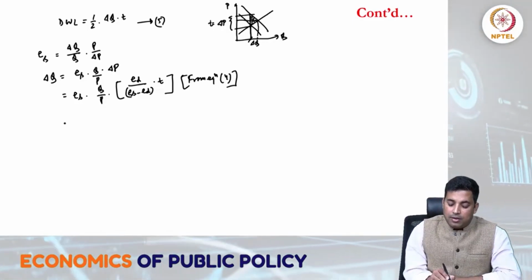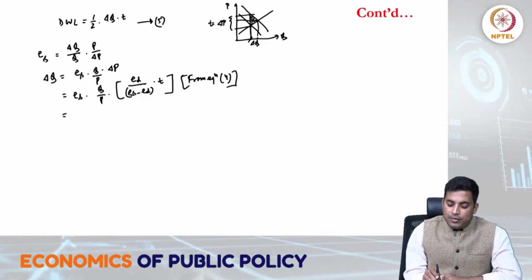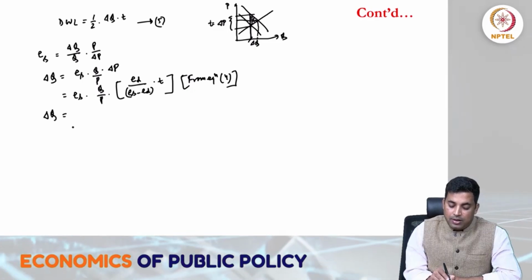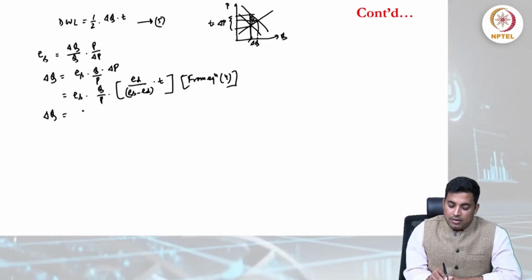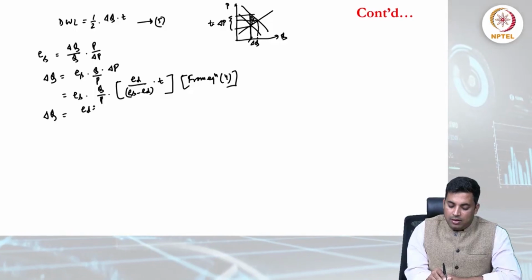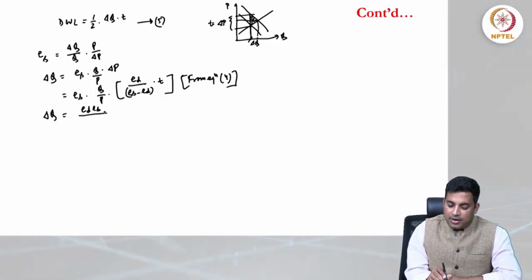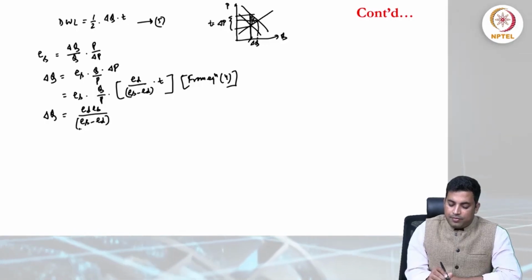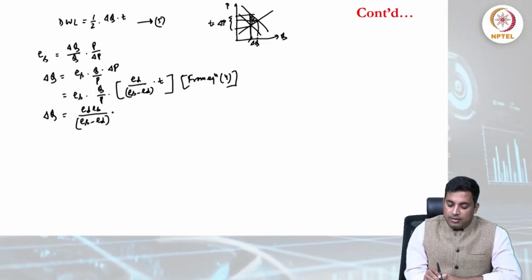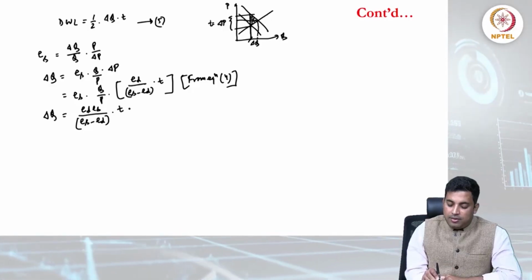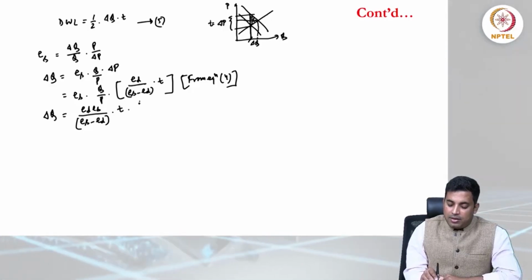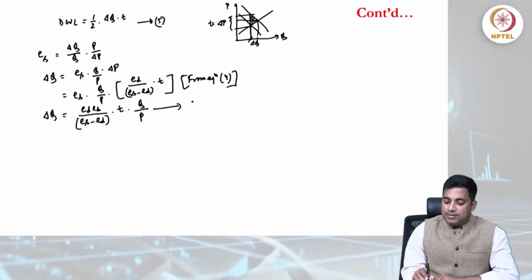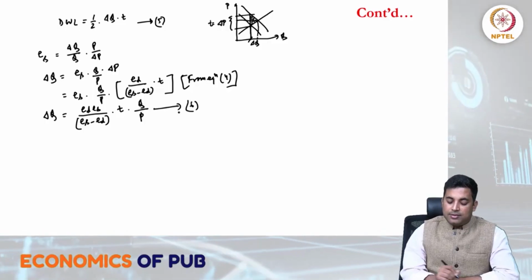So if we rearrange the entire thing, delta Q is basically E_D E_S divided by E_S minus E_D, then multiplied by T, then multiplied by Q by P. So we can give this as equation 6.